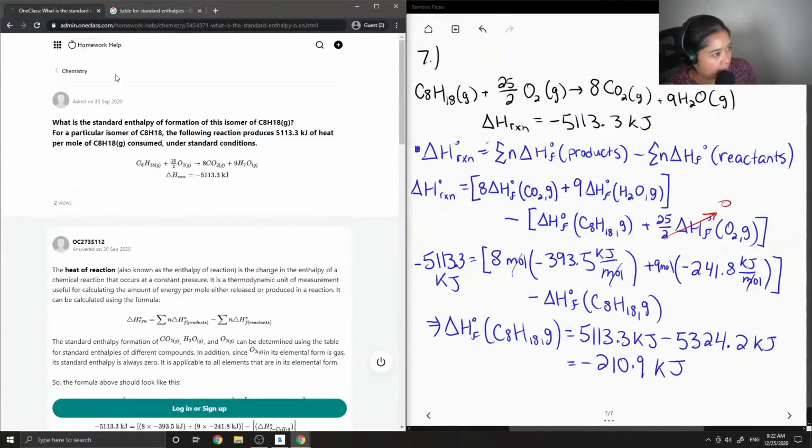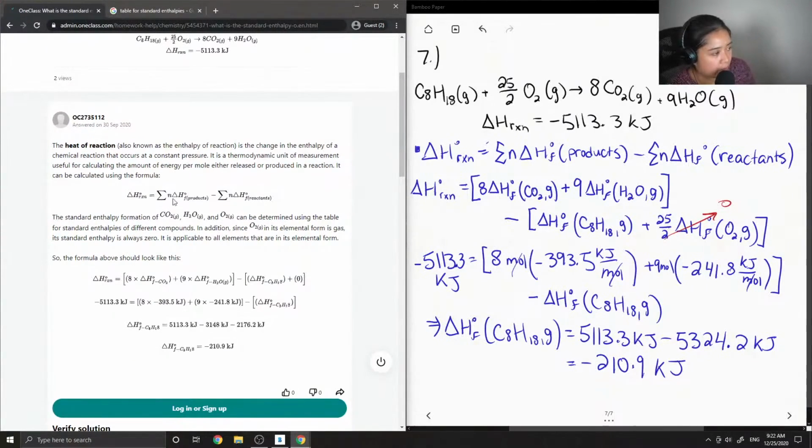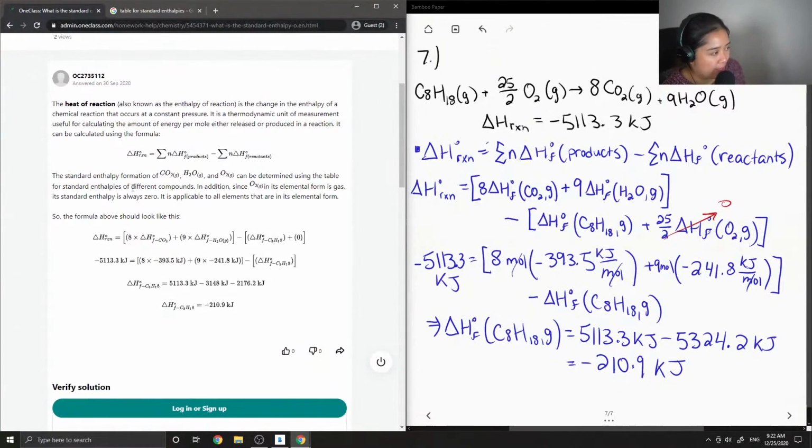Okay, so let's see what the junior tutor said. The heat of reaction, also known as the enthalpy of reaction, is the change in the enthalpy of a chemical reaction that occurs at constant pressure. It is a thermodynamic unit of measurement useful for calculating the amount of energy per mole either released or produced in a reaction. It can be calculated using the formula delta H of the reaction equal to the sum of N times the delta H of formation of products minus the sum of the N times the delta H of the reactants.